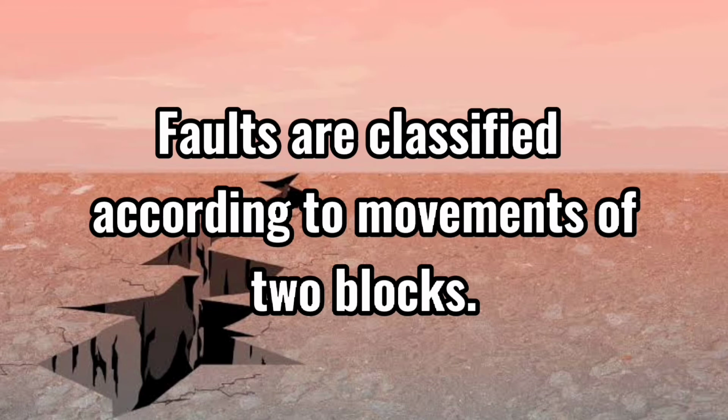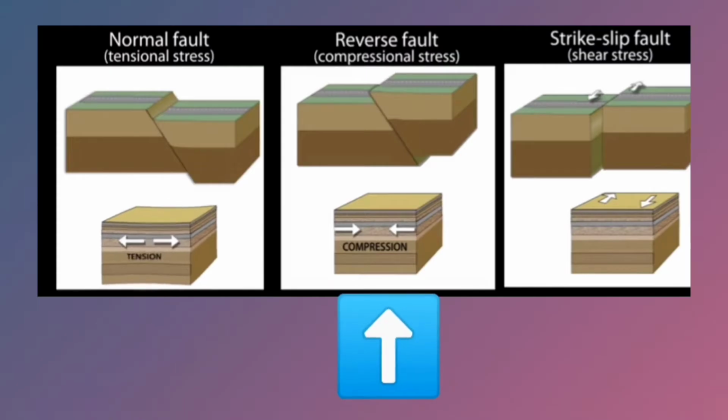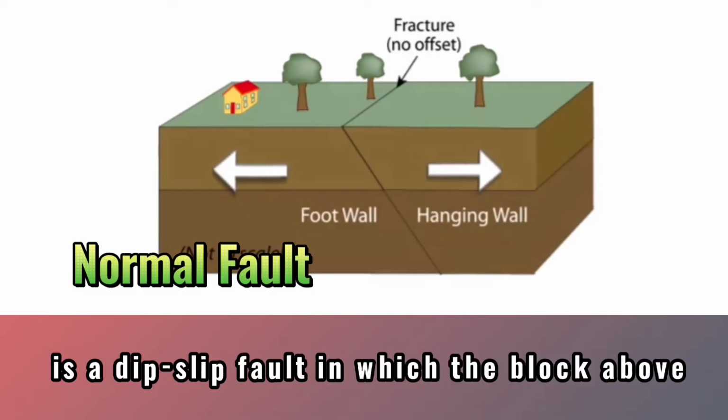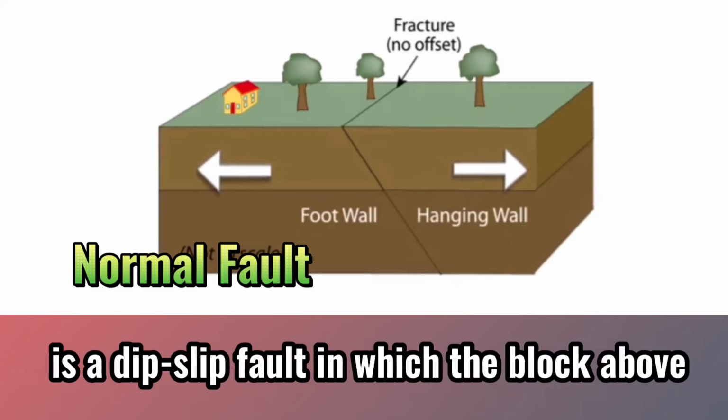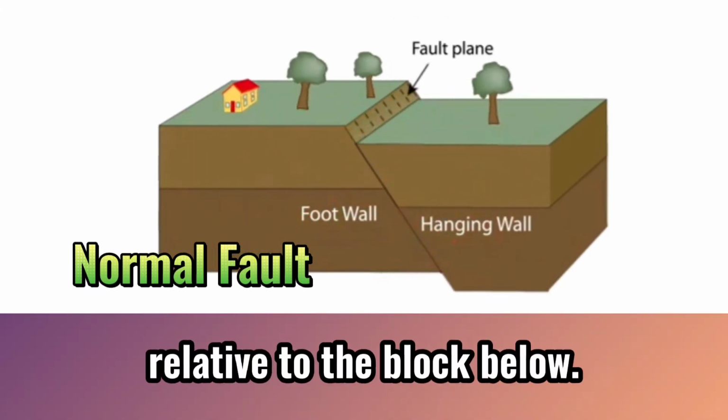Faults are classified according to movements of two blocks. There are three types of faults, namely normal fault, reverse fault, and strike-slip fault. Normal fault is a dip-slip fault in which the block above the fault has moved downward relative to the block below.